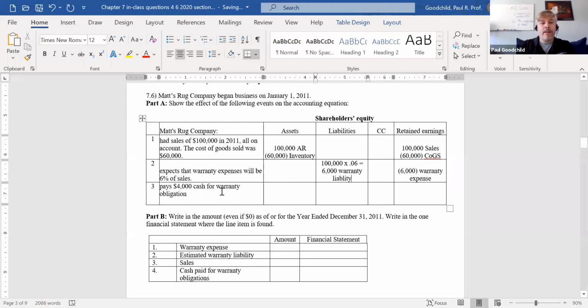Okay. Now the third one pays 4,000 for cash warranty obligation. So we paid 4,000 in cash outflow. And then we had a reduction of 4,000 in the warranty liability.